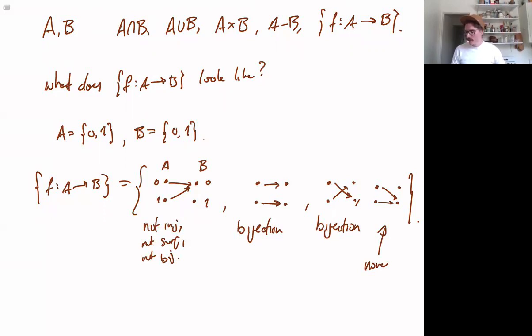So there are a couple of things that I want this to illustrate. First of all, that there is one way to think about sets of functions, which is very concretely like this. So you can write down their elements, they are functions from A to B, and there are many different types of functions which have many different properties.